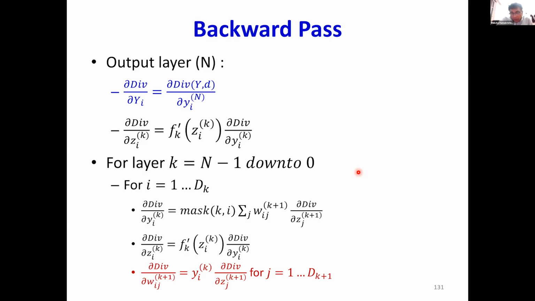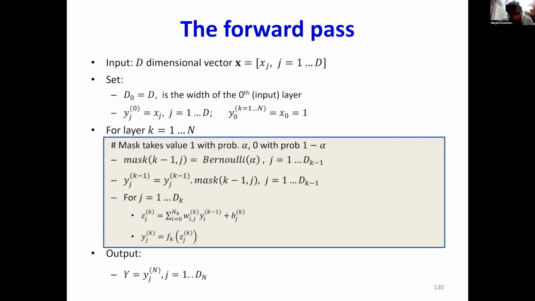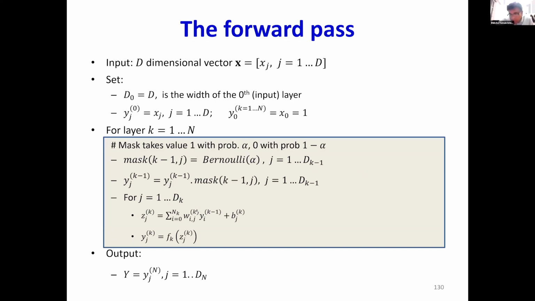And when you're performing back propagation, you're going to do the same thing. You're going to retain these masks in the forward pass because the mask tells you which neurons were switched on and off. And in the back propagation, remember, back propagation looks a lot like forward prop, right? So once you compute the derivatives at each layer, you're going to multiply them by the mask again so that you switch off the contributions of neurons which didn't actually contribute to the computation.